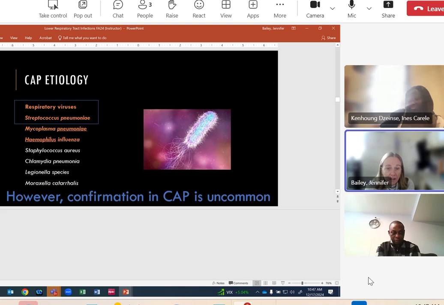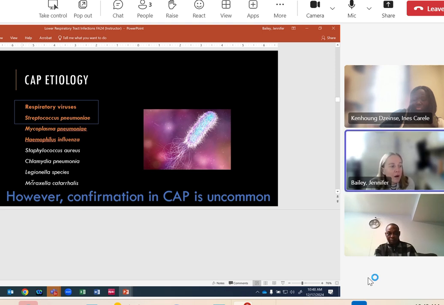Respiratory viruses are super common, and then there's some bacteria that are more likely. So you'll want to focus on the orange ones here because these are the most common. Now, we don't treat community-acquired pneumonia that's caused by viruses. We really focus on CAP that's caused by the bacteria.